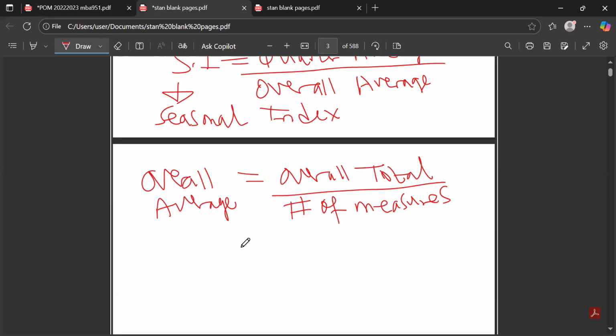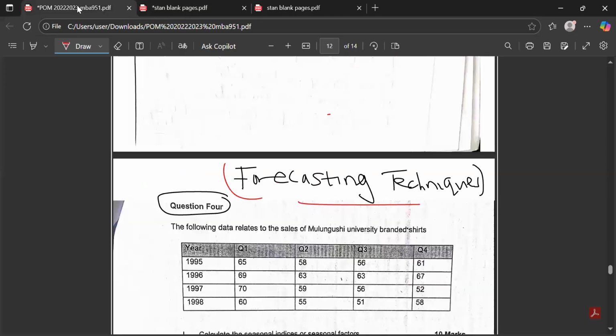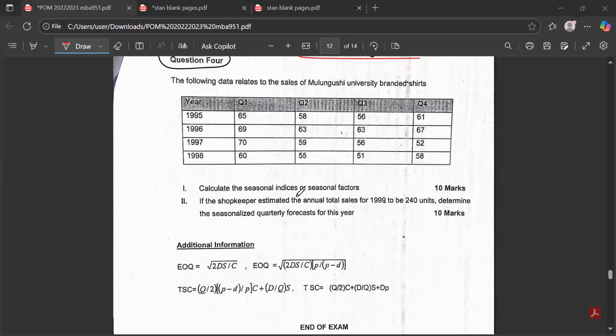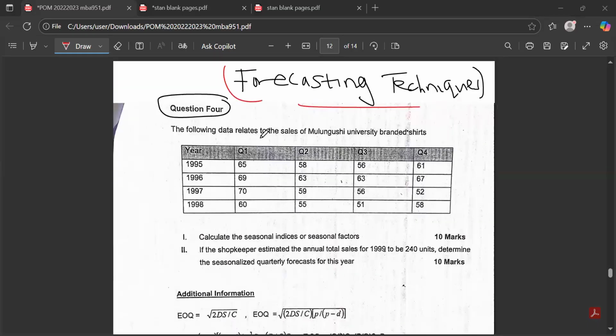So from here now, we can look at these questions. So this question, we were given the following data relating to the sales of Mulongoshi University branded sheets, 1995 through to 1998. These are quarters.